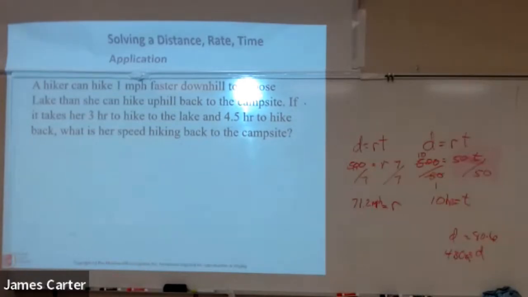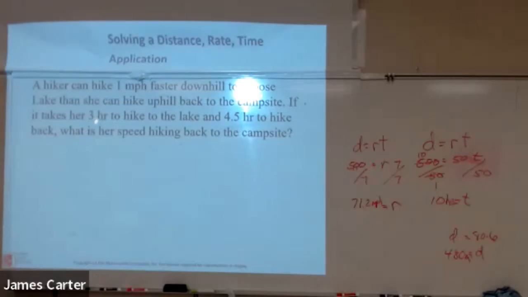Okay, a hiker can hike 1 mile an hour faster downhill to the lake than she can uphill to the campsite. Well, you know what? That kind of makes sense, doesn't it? You're going to go downhill faster and you're going to go uphill slower, or at least for me.